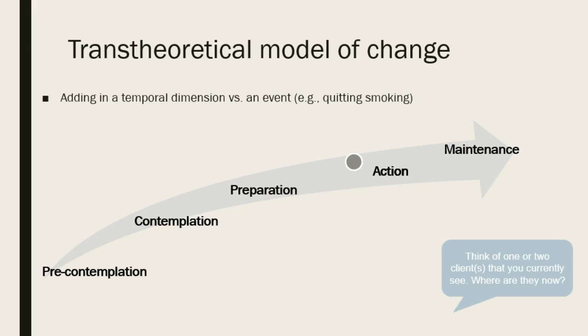So even if you are not able to make a quick transition for your clients, that doesn't mean that you're an incompetent coach who is not able to talk your clients into making a behavioral change.